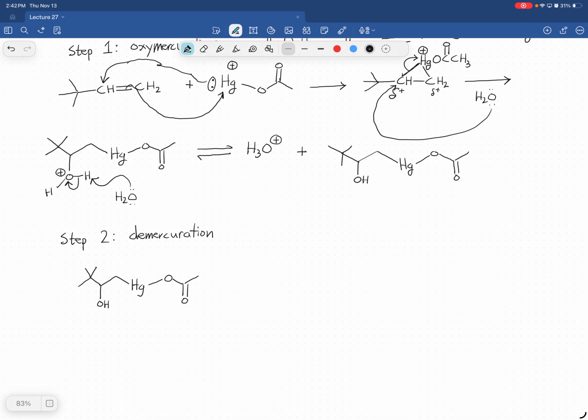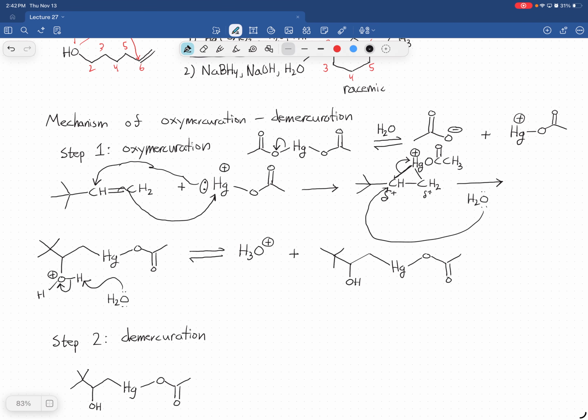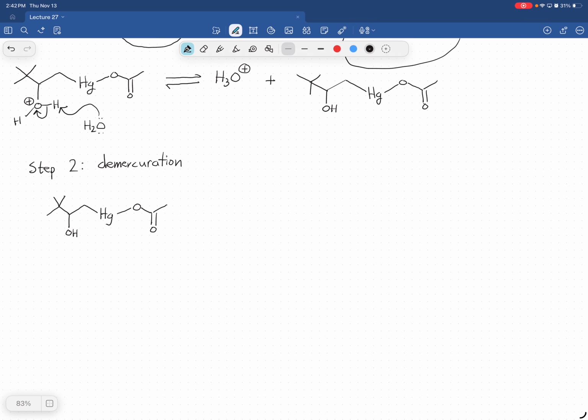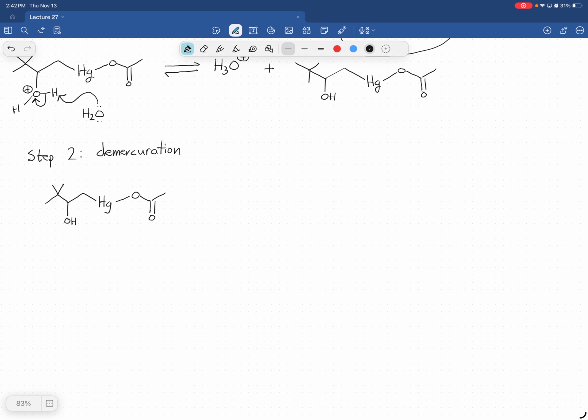All right, so remember the reagents in the second step? What's the very first reagent in step 2? Yes, so remember that's a source of H atom, a hydrogen anion. So what happens here is the H from the borohydride part of the molecule will donate to mercury.